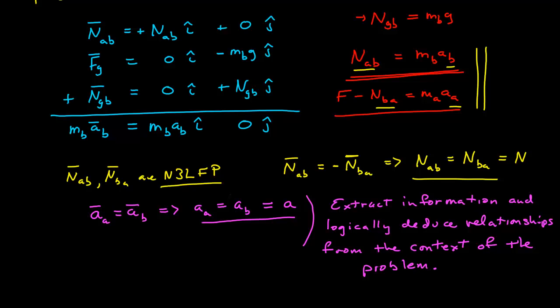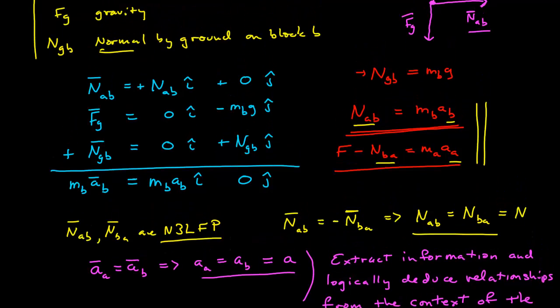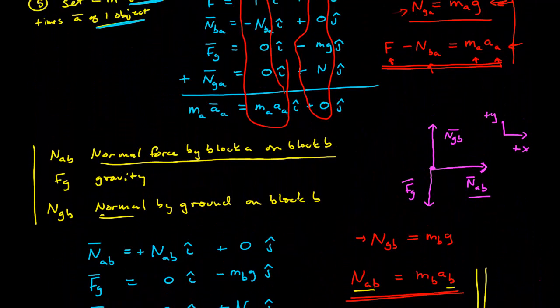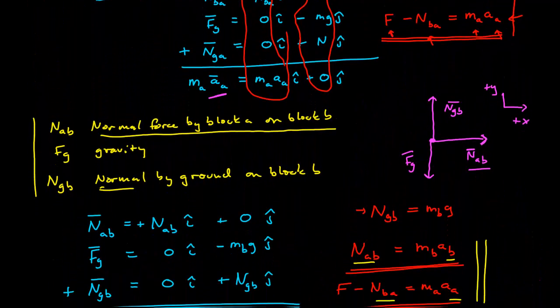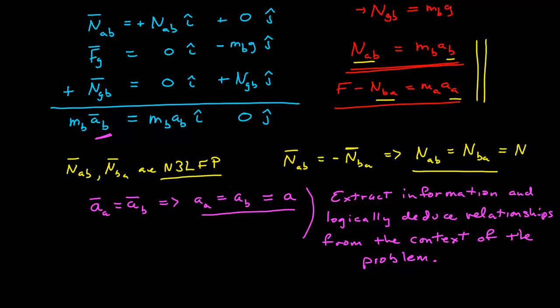Now, you might not have realized this, and you might have erred by not specifically identifying that this acceleration is only of block A, and this acceleration is only of block B. If you just didn't think about it and set them equal to each other, you would have gotten to this point and said, oh, look, they're both just a. The problem is that's not always true.